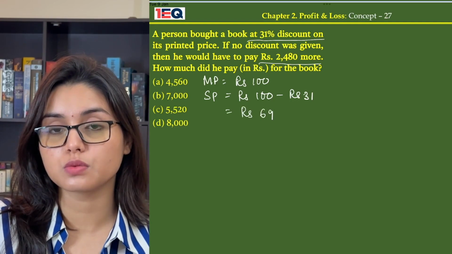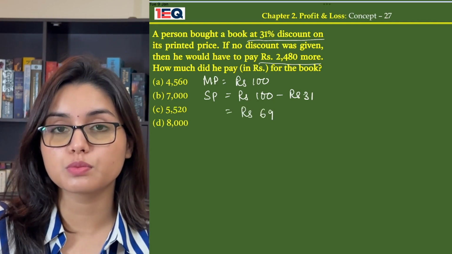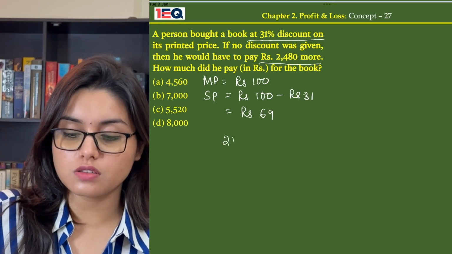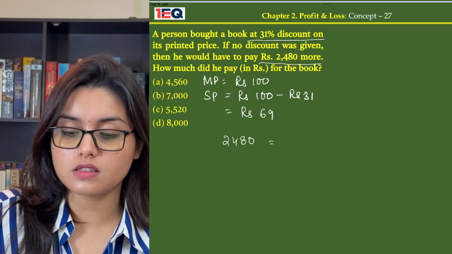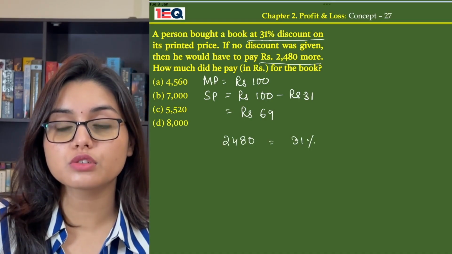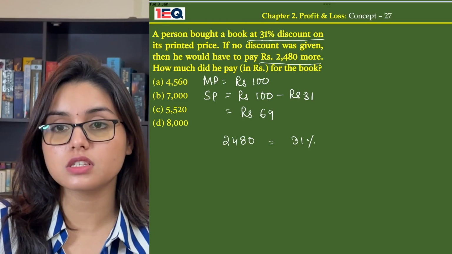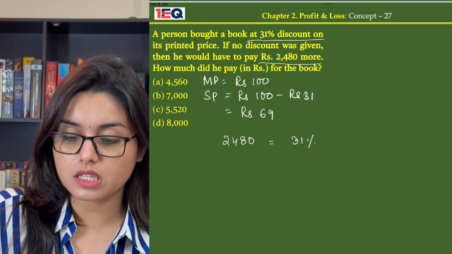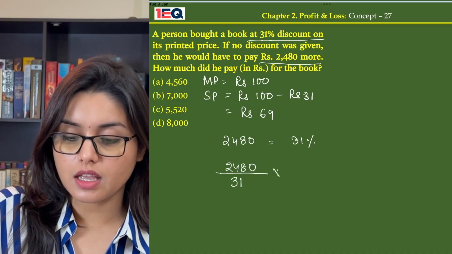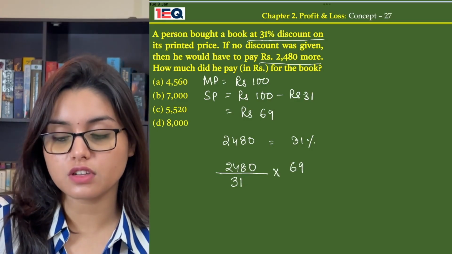If no discount was given, then he would have to pay rupees 2,480 more, which means 2,480 more is equal to 31% discount. So in order to find how much he paid for the book, we will take the extra amount that he pays divided by the discount amount into the selling price after the discount is given.